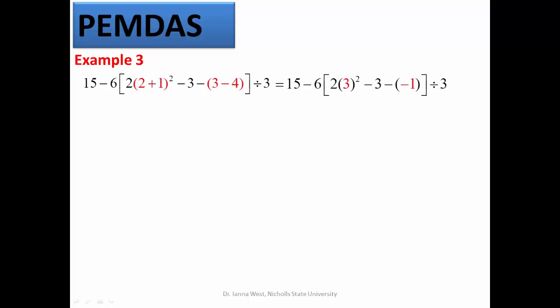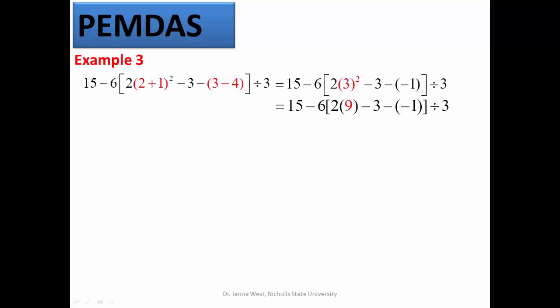We must evaluate 3 raised to the second power before we do anything else. When you raise a number to the exponent 2, that just means you multiply the number times itself. In this case, you would just multiply 3 times 3, which will give us 9.